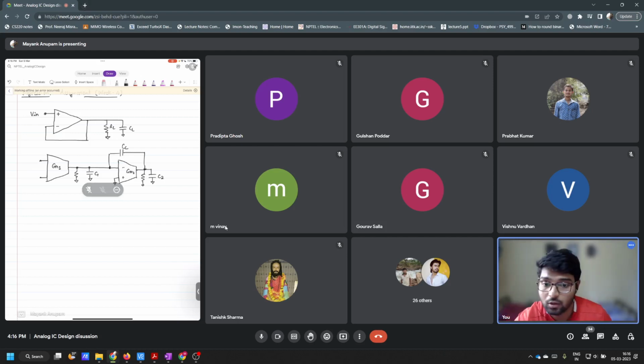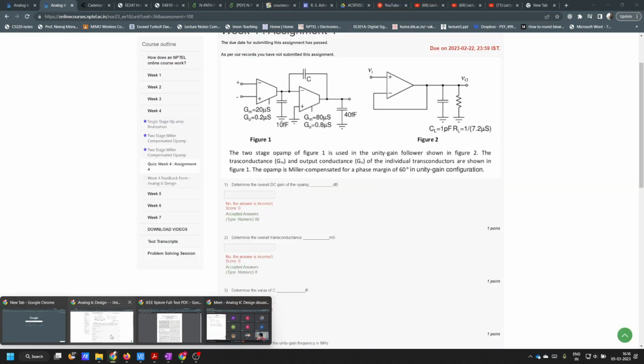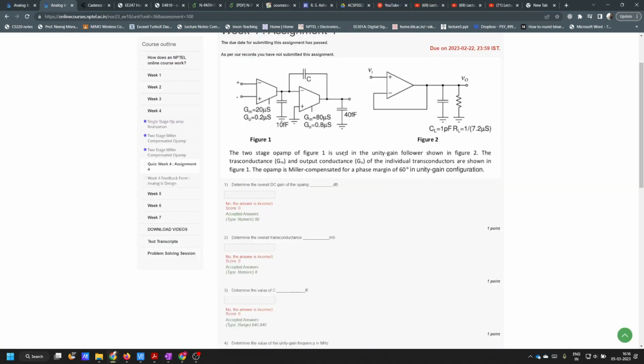I guess this was the figure, right? And what were the values?